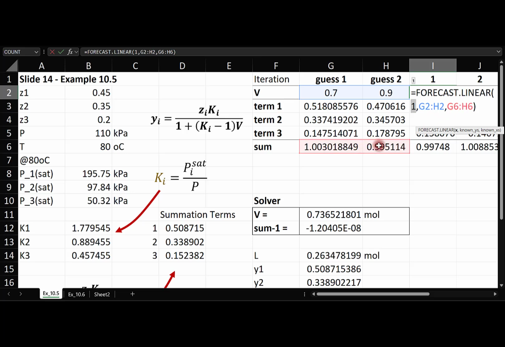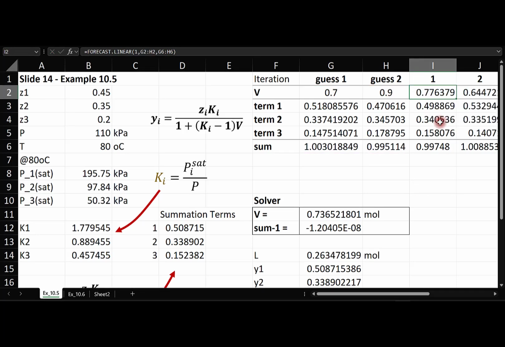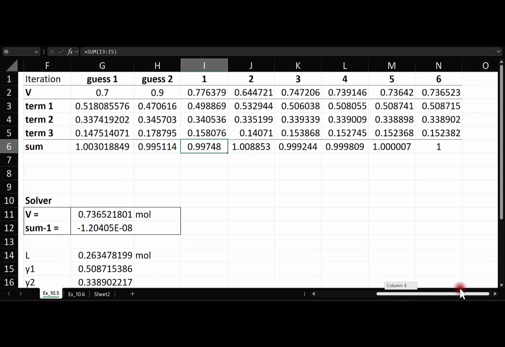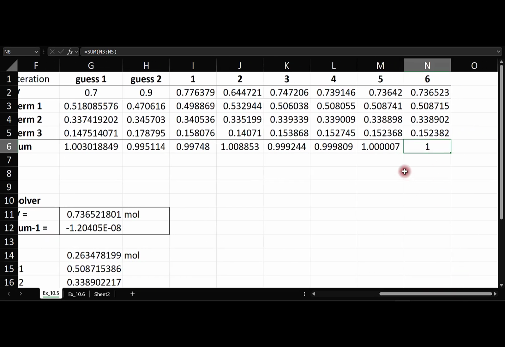The x values are what we see here, and the y values are what we see here. It does the math for me, so the guess is 0.776. I take the terms, plug it in here, do all the calculations, add them up, and it doesn't equal 1. Again, you can continue until you get exactly 1, or approximately 1.